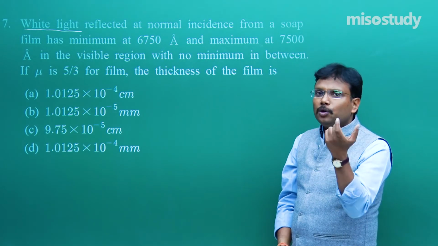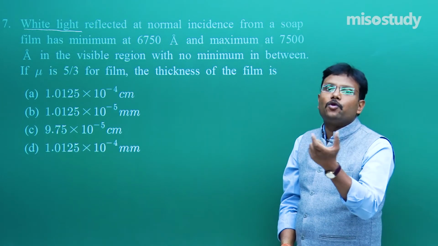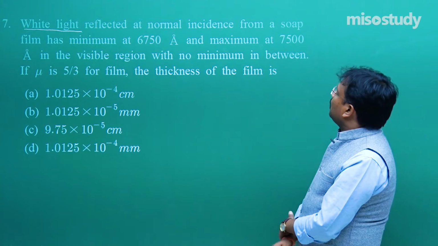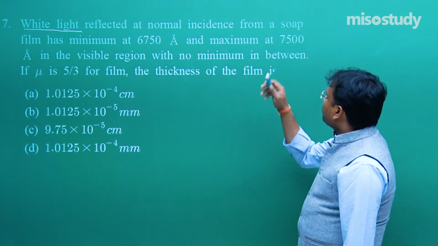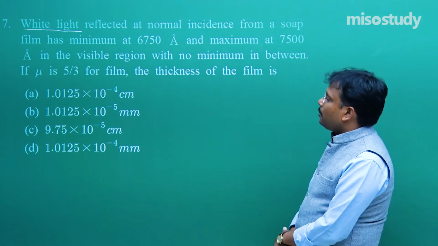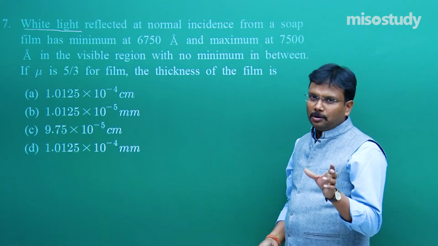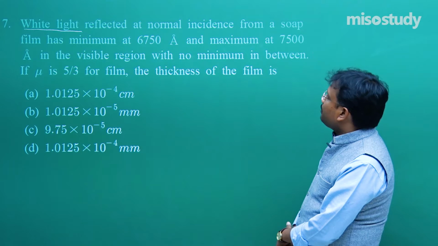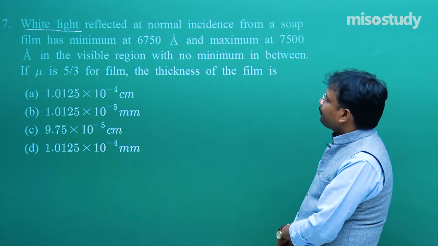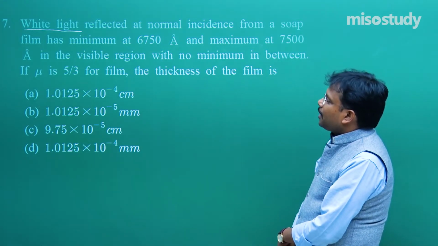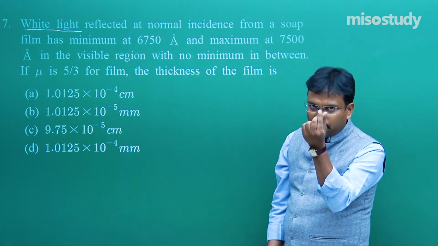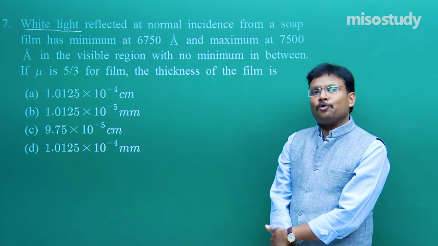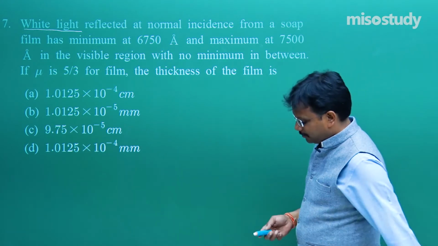In general, 4000 to 7000 angstrom is your wavelength range for white light, visible light basically, and a maximum at 7500 angstrom in the visible region, roughly 4000 to 7000 angstrom, with no minimum in between. If mu is 5 by 3 for the soap film, the refractive index of the soap film, what is the thickness of this soap film?